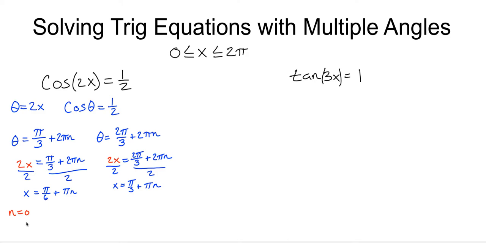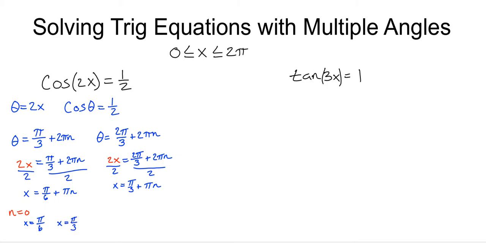We end up with x is equal to pi over 6 plus 0, which is just pi over 6. Over here, if n is equal to 0, we get pi over 3 plus pi times 0. That's just pi over 3. Let's erase that straight mark there. So x could equal pi over 3.